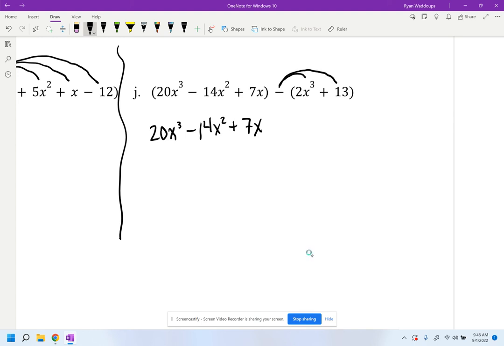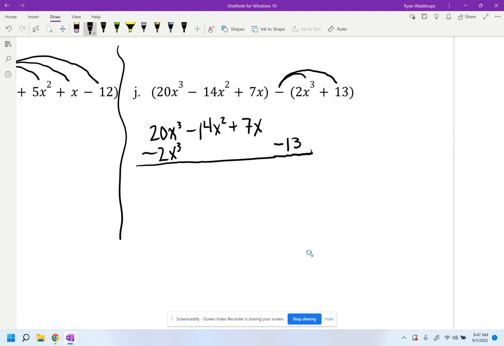I could distribute the negative on this second polynomial. 2x cubed becomes minus 2x cubed. And plus 13 becomes minus 13. Now I put it clear off here to the right because in the first polynomial there was no constant term.